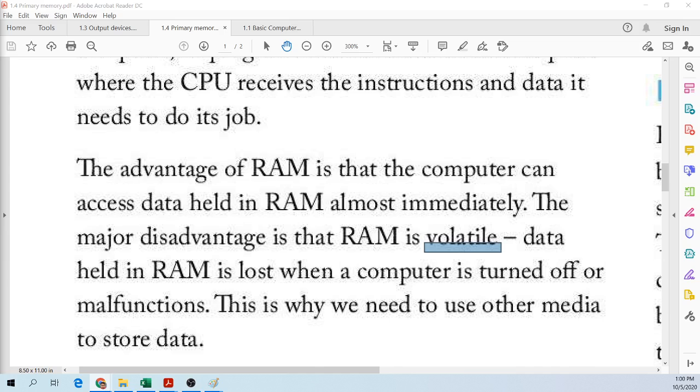It has disappeared. It's no longer there. That is why we need other storage devices like our hard drive, our flash drive, CD drive, and so on. Those are non-volatile devices that store the information and they do not need electricity to store that information.